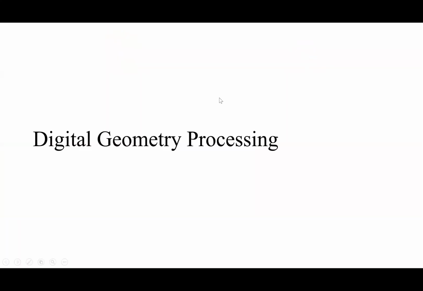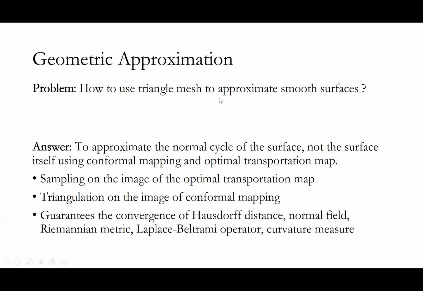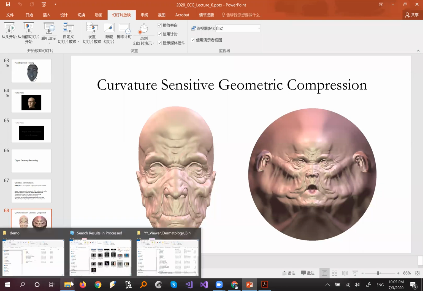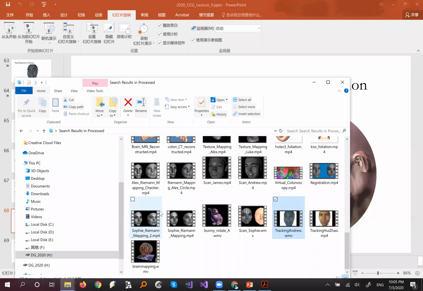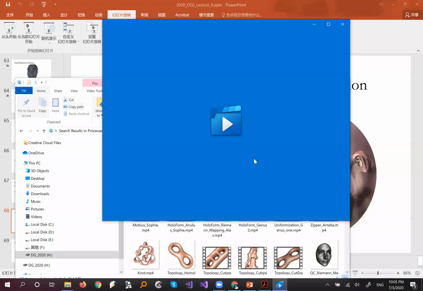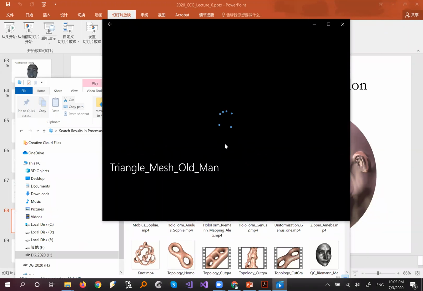So hopefully this gives you some sense that conformal geometry can be applied for geometric processing. How can we model different shapes, and how can we simplify the representation? So here we see for this old man sculpture, we use a very complicated triangle mesh to represent it.